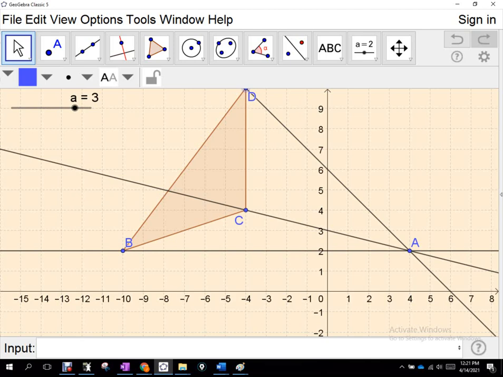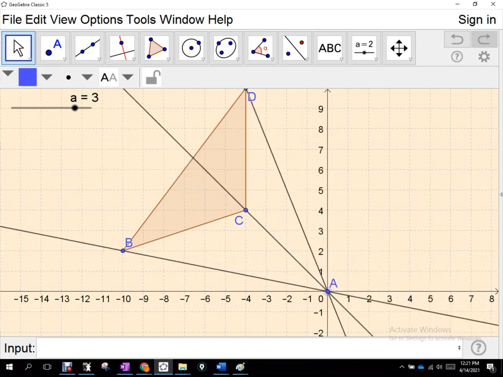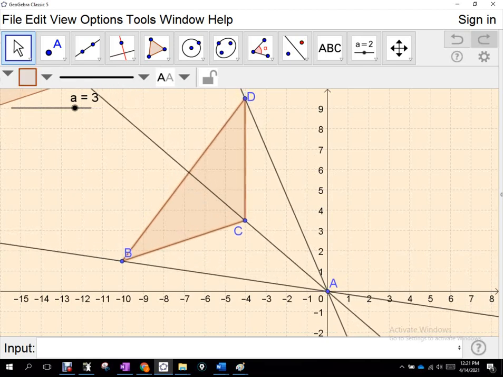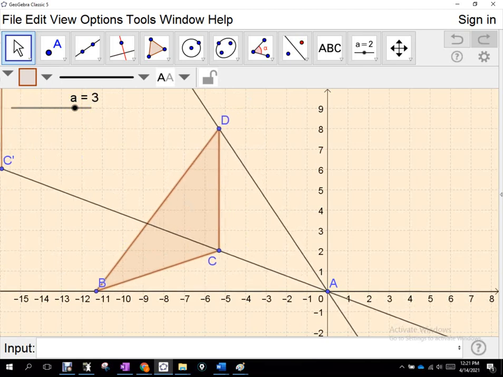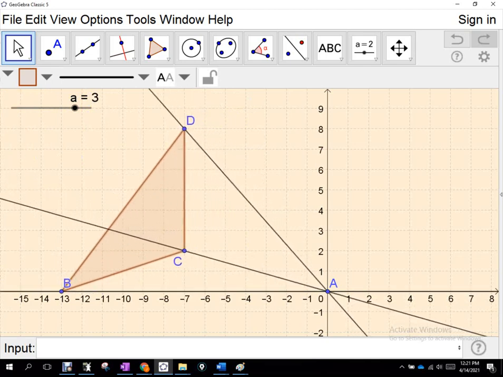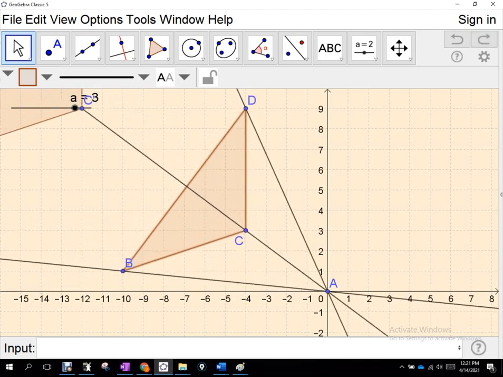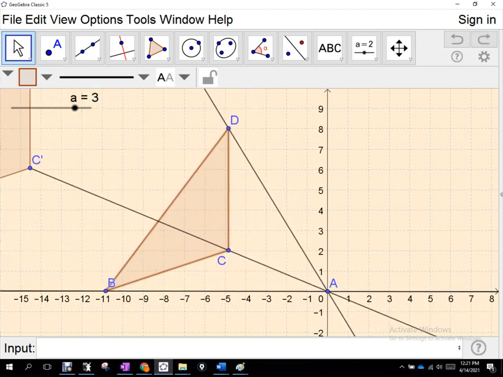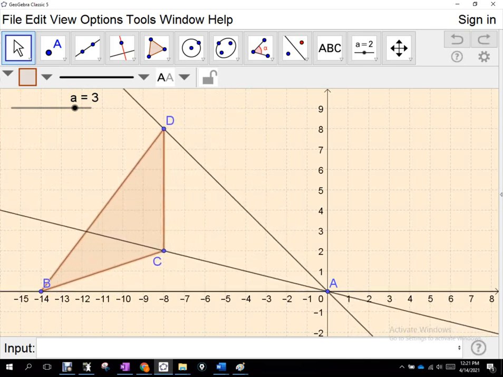So I'm going to move this one down 2, left 4. And then I'll move this one down 2 and left 4. Is that 4? Hope it was. We'll go back. Down 2, 1, 2, and then 1, 2, 3, 4.